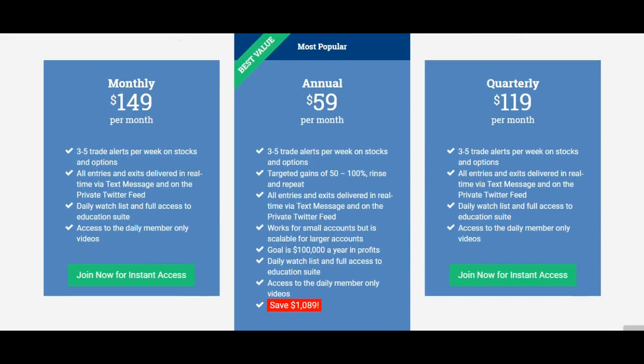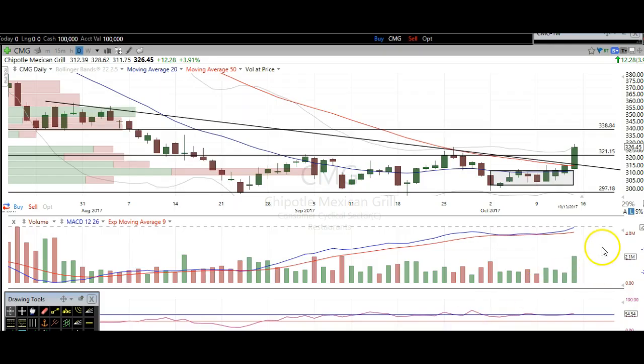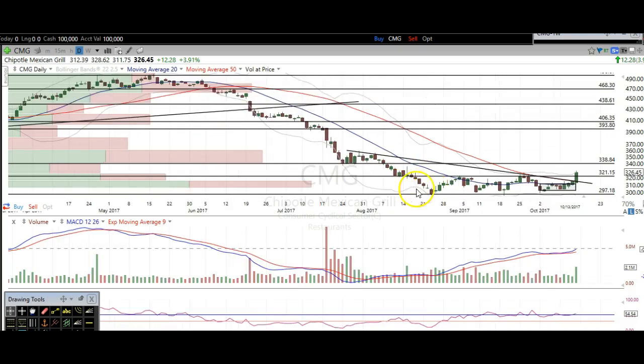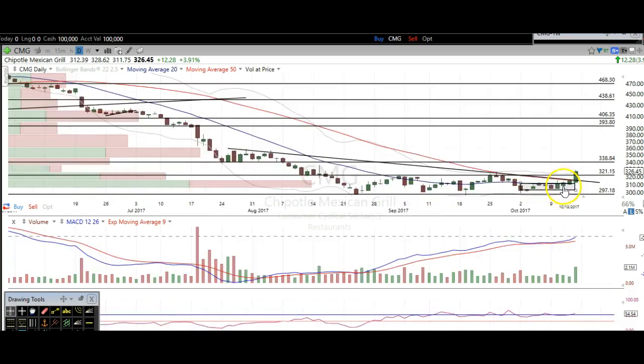Alright, so let's take a look at the charts here. We're going to start off with Chipotle, and Chipotle has been dead money for quite some time, as you can see, in a downtrend for about 3 months, and for the last couple months we've been trading sideways here.